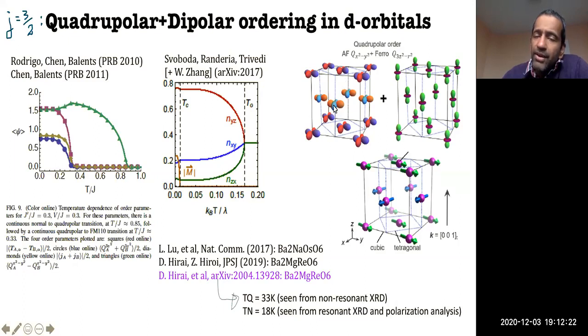And so here one finds that you get a coexistence of electrons that want to live in this kind of x squared minus y squared and 3z squared minus r squared orbital. So there is some combination of these orbital orderings in the system, right? Together with magnetic order that sets in at a lower temperature but points along certain directions.